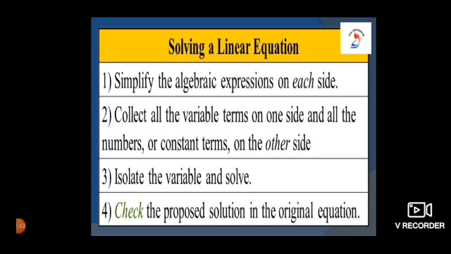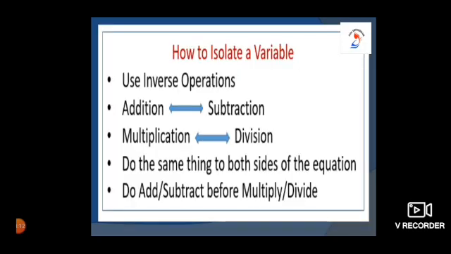Isolate means separate the variable, and then start solving the problems. Last step, you would have got a solution for the respective equation. Substitute that value, put it in the original equation and check whether you are getting the same answer. So these 4 are the steps to solve a linear equation. You will be more familiar if you start practicing the problems.